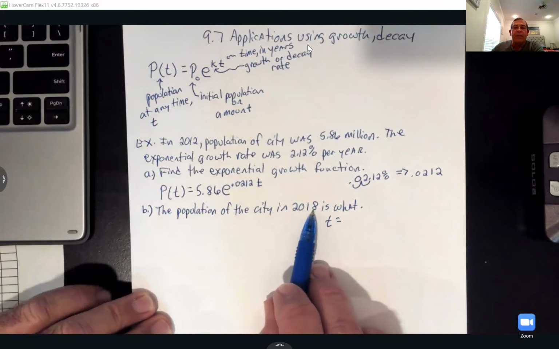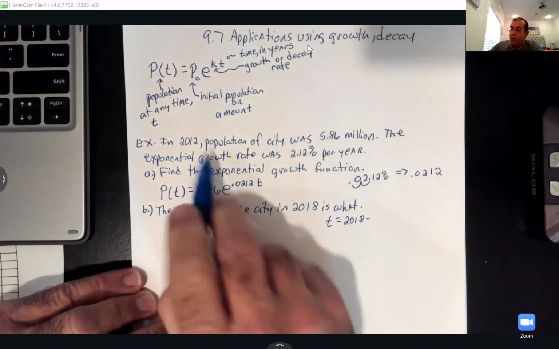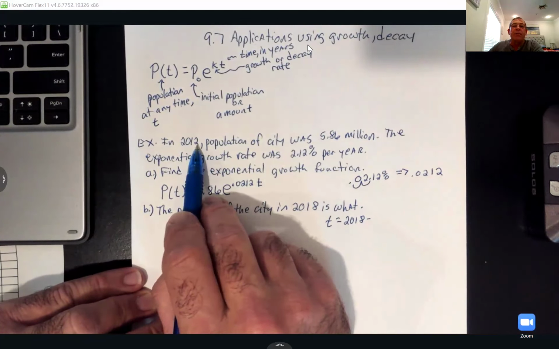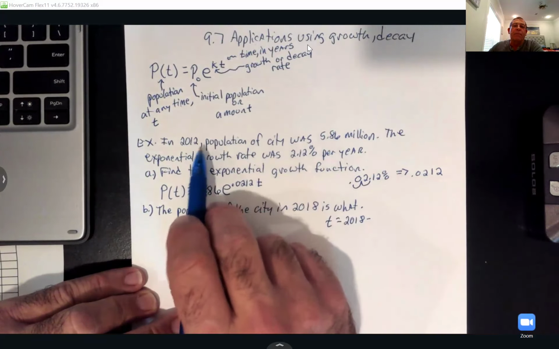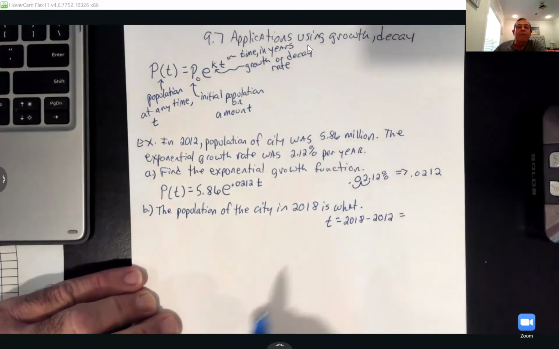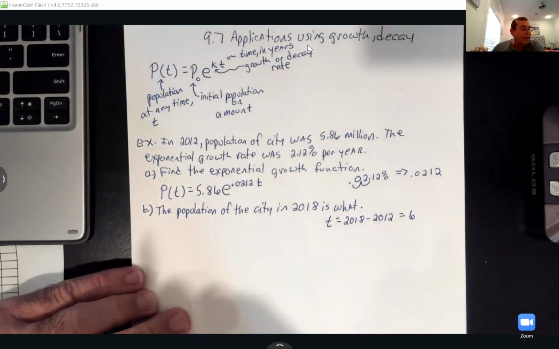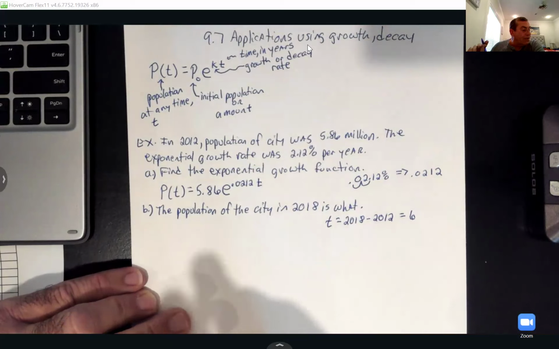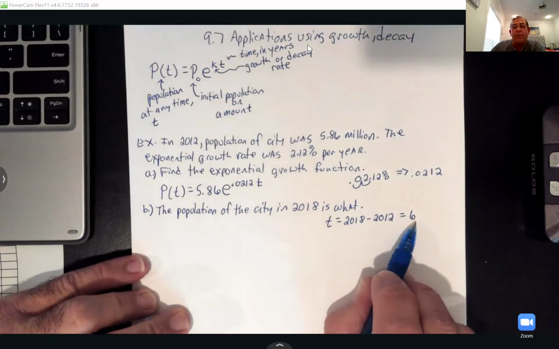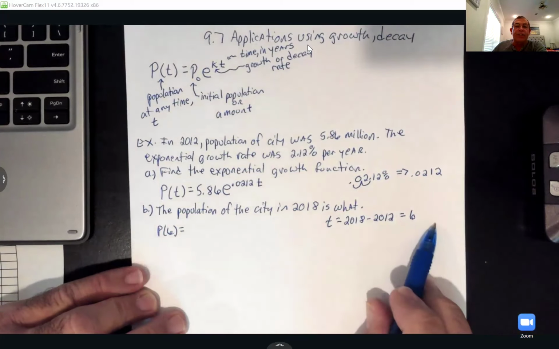To find T, we take the year we're looking at, which is 2018, and subtract 2012, which is the year the population is based off of. So 2018 minus 2012 gives me a total of 6 years. Now this one, they want me to round to 1 decimal place. So what we're finding now is P of 6, because remember, that'd be after the 6 years, okay?